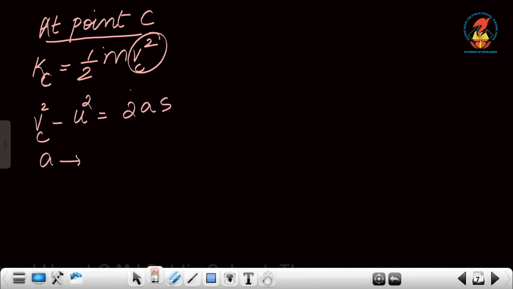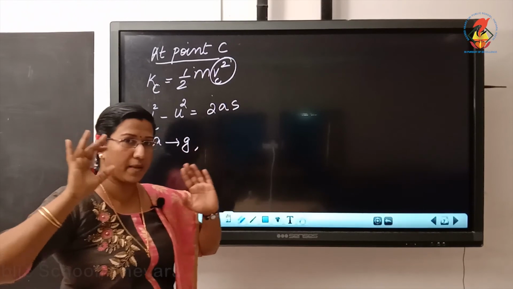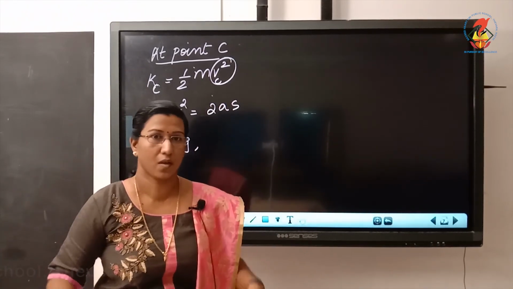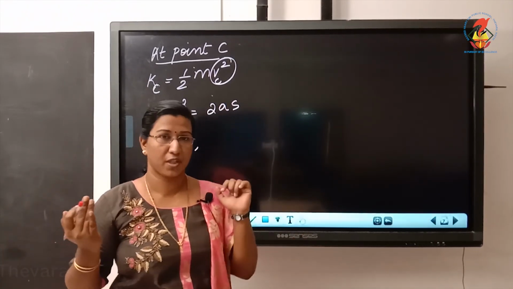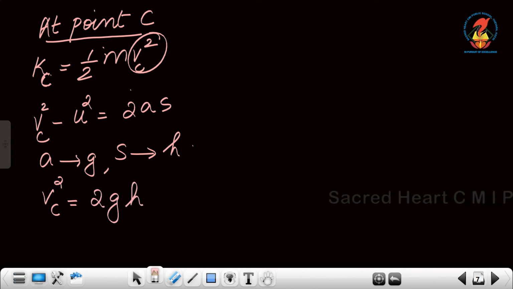Now a, again it is g. What is s? What is the total distance traveled from point A to point C? Now we are not considering the intermediate point. The object is continuously falling down. So total distance traveled from initial position is h. So s is h. So the equation becomes Vc square is equal to 2gh.